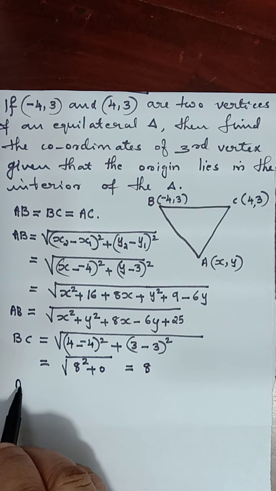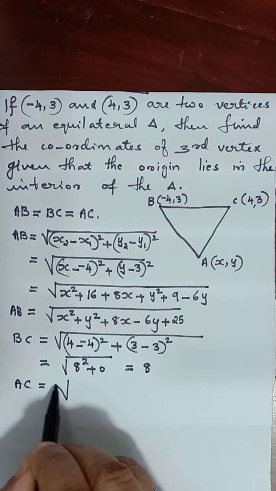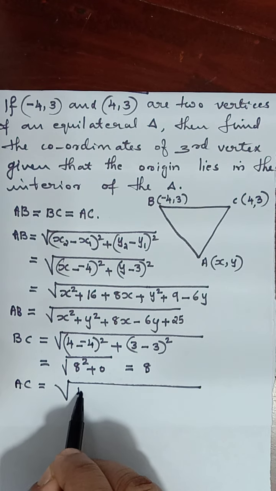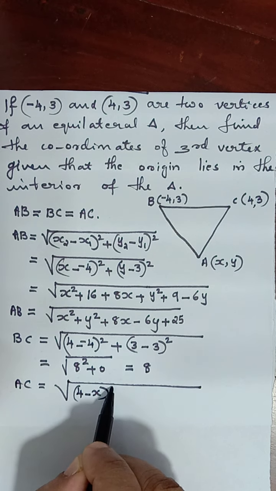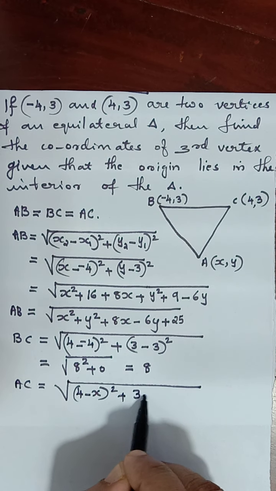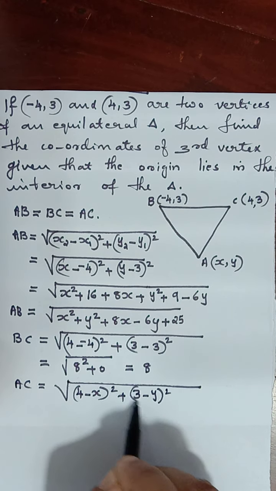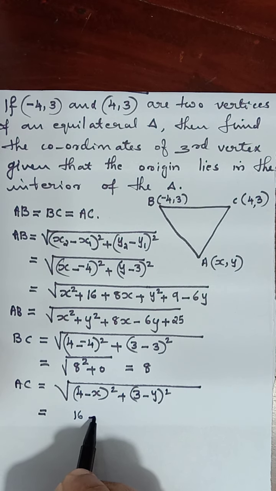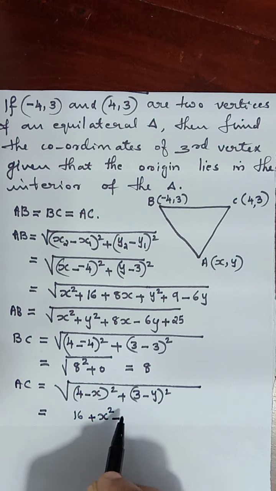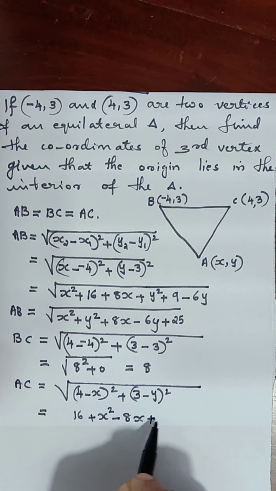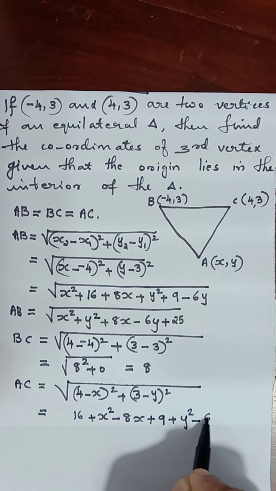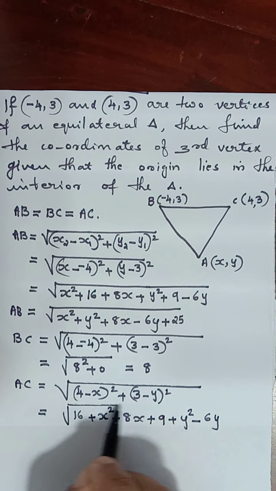Now comes AC. AC is also under the root. We have to take the formula, substitute AC. (4 minus x) whole square plus (3 minus y) whole square. Open, we will be getting 16 plus x square minus 8x plus 9 plus y square minus 6y under the root.